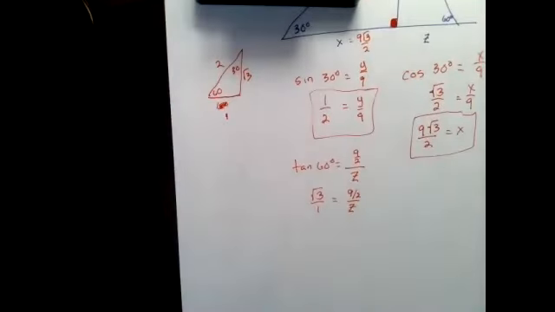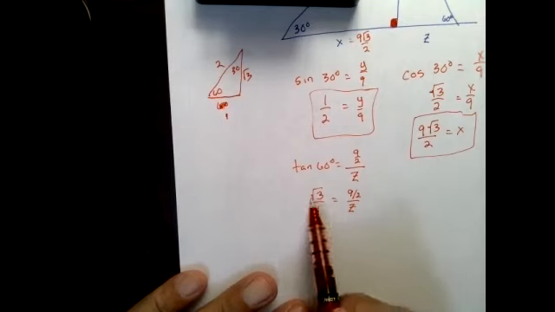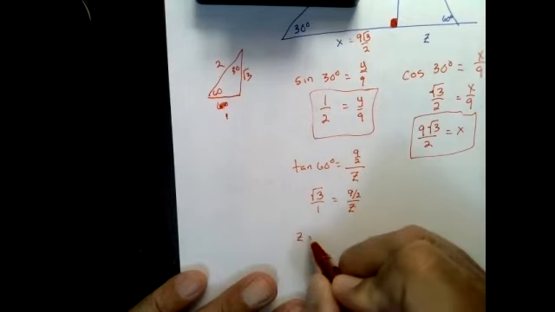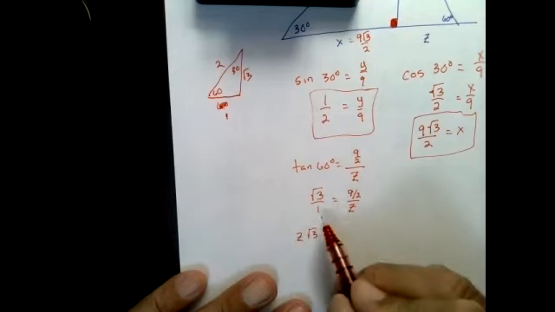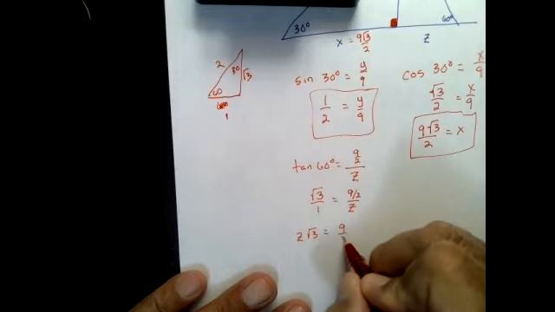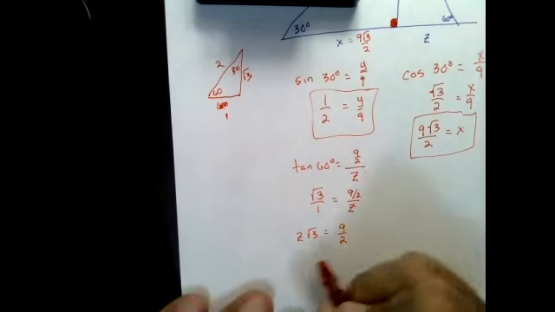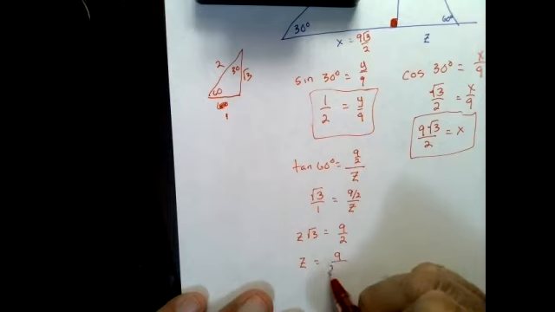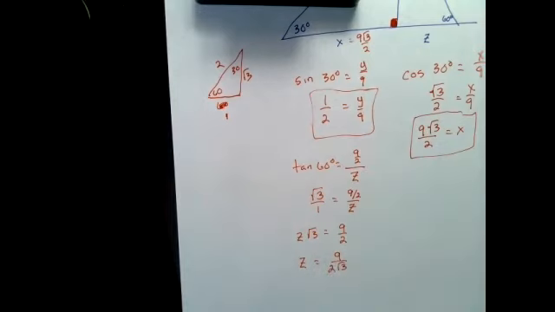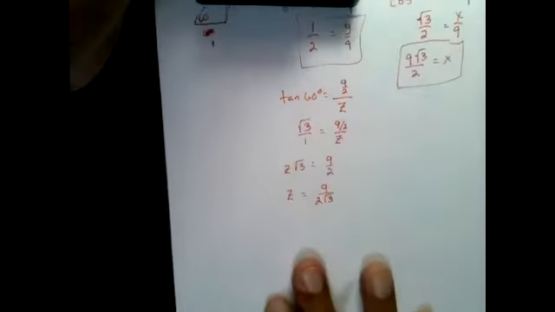Now you're really bringing in your college algebra skills. Multiply by z. z square root of 3 multiplied by 1 equals 9/2. Divide by square root of 3, z equals 9 over 2 square root of 3. And of course, I would rationalize that.